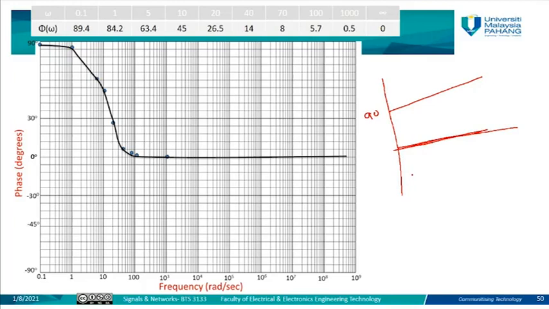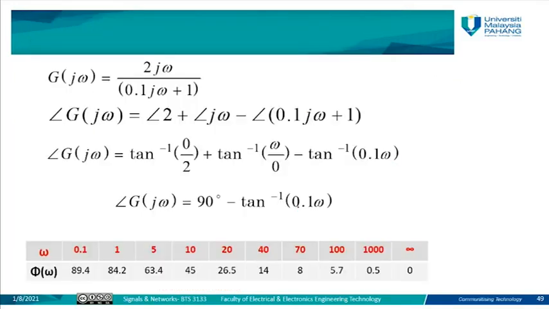But where is the point of change? The point of change is omega 1 over 10 and 10 omega 1. From where do we know this? From this table. Just assume that omega changes from 0.1 until 1, then from 1 until 10, then from 10 until 100, and so on. So how will the value change here?